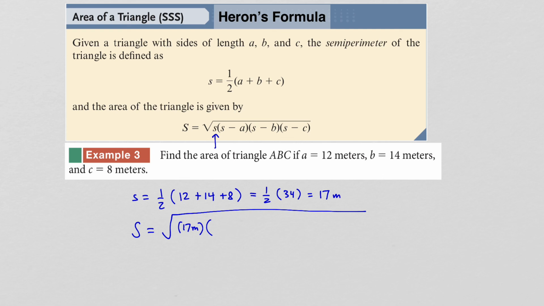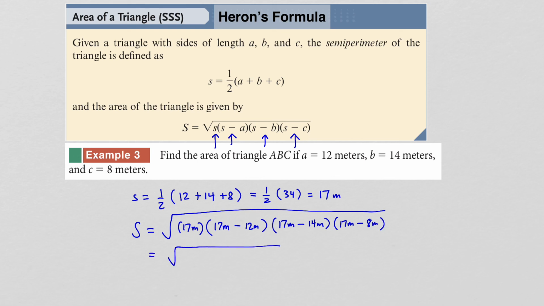And then that's multiplied by, next, the semi-perimeter minus A, so that is 17 meters minus 12 meters, multiplied by the semi-perimeter minus B, which is 17 meters minus 14 meters, and finally multiplied by the semi-perimeter minus C, which is 17 meters minus 8 meters.